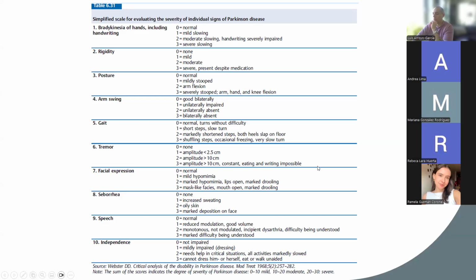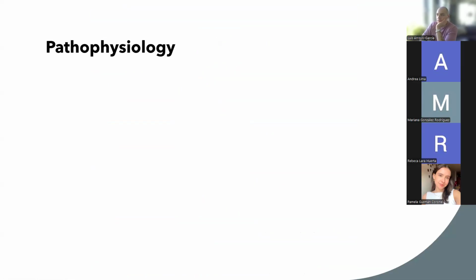So if it's from 0 to 10, it's a mild Parkinson's disease. If it's 10 to 20, when you add all the results, it's moderate, and between 20 and 30 it's a severe case of Parkinson's disease.